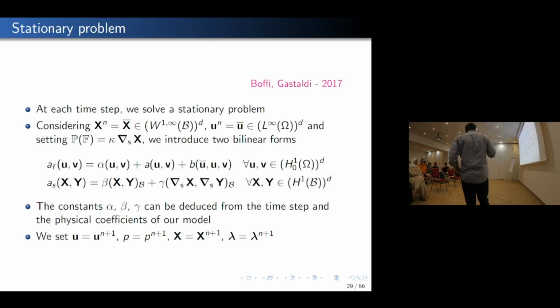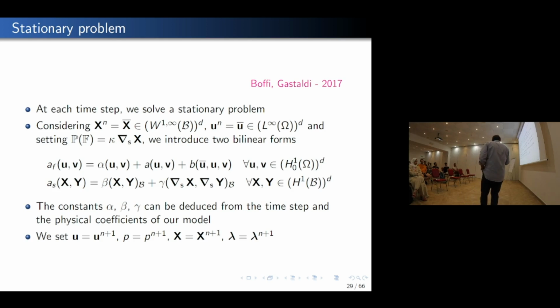This means that if we call x_n x bar and u_n u bar, and if we set P_F to be kappa gradient with respect to s of x, so we choose a linear model for the solid, we introduce two new bilinear forms, A_F, the one related to the fluid, and A_S, the one related to the solid, where constants alpha, beta, gamma can be deduced from the time step and the physical coefficients of our model.